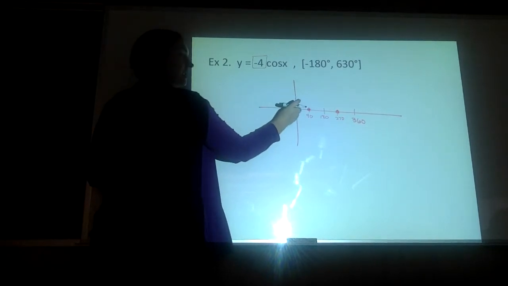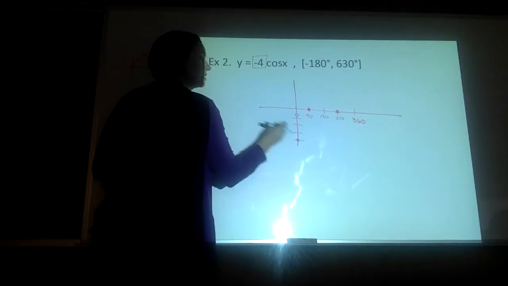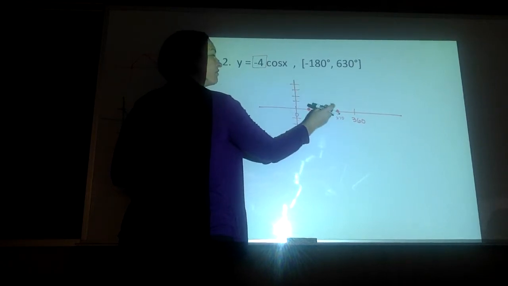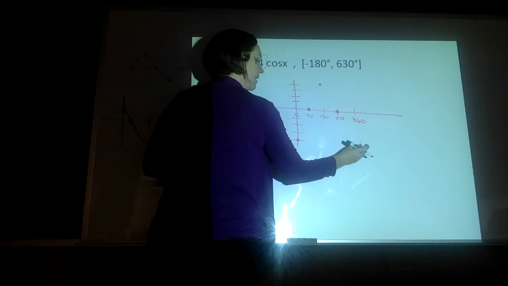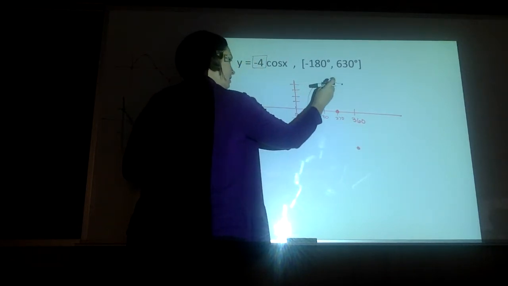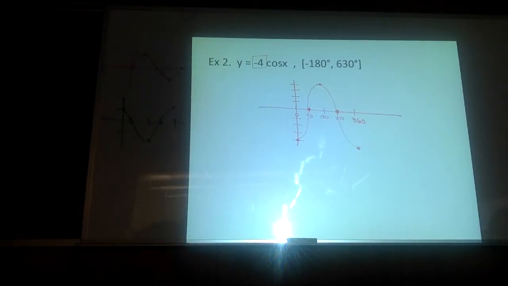So from here, I'm going to count down 1, 2, 3, 4, and put a dot. From 180, I'm going to count up 1, 2, 3, 4 from the center line. From 360, same thing, I'm going to go down. So when I draw this, that is the graph of negative 4 cosine x between 0 and 360.